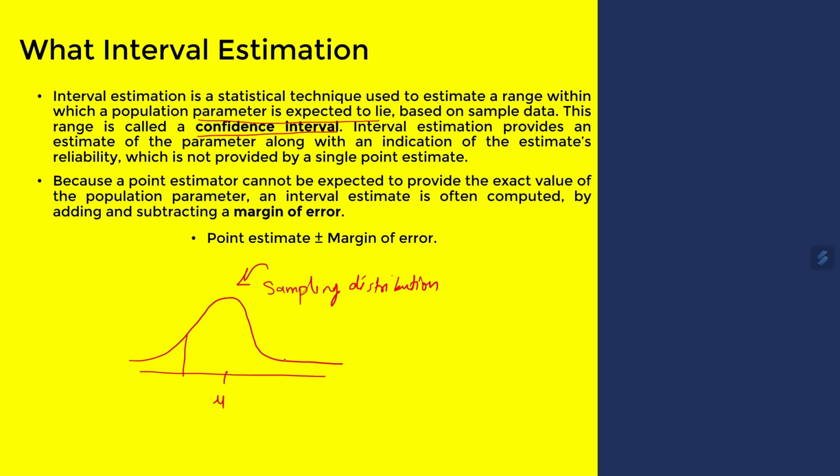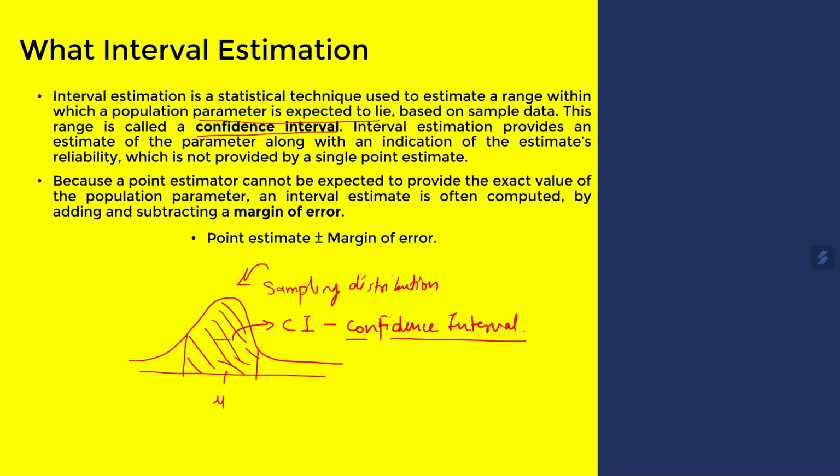So it lies over here. This much portion, where it is lying, is called the CI, which is the confidence interval. Based on these confidence intervals, we will estimate our interval.